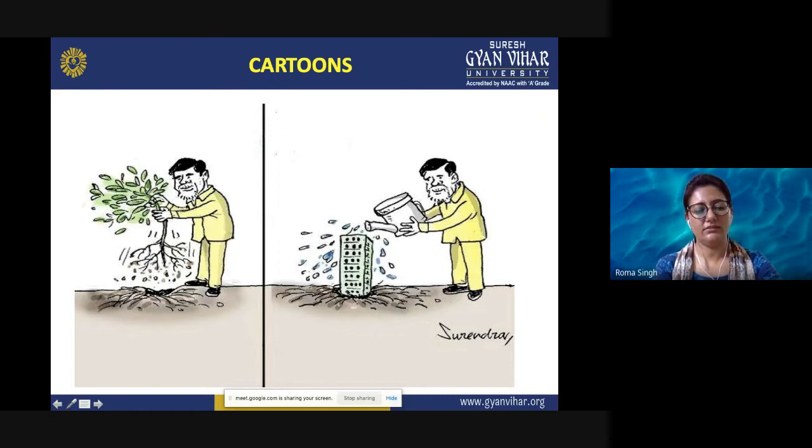That means we are giving a setback to our environment, and we are not understanding the importance of planting trees, how we are displacing them just to make place for the towering buildings. These kinds of small concepts can also be shown with the help of cartoons.